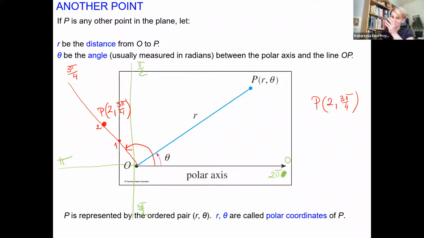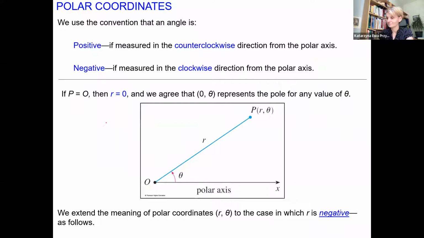Okay, and then we can plot any other points. But let's look at a few characteristics. Counterclockwise, of course, is positive. We can also use negative notation, but then we will go clockwise. It's the same as for the unit circle, so nothing new. For instance, let's name it point C, with distance 2 on negative pi over 4.